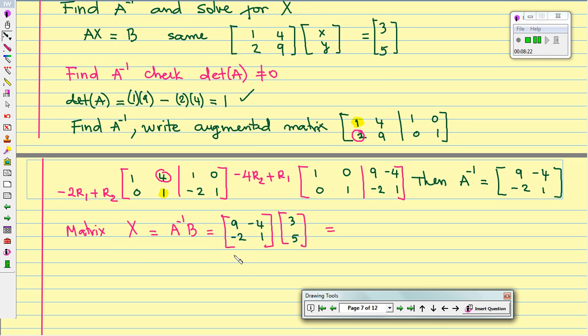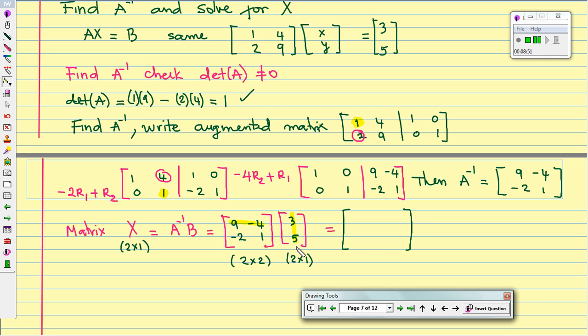Now when you multiply these two matrices, the dimension for matrix A inverse is 2 by 2 and for matrix B is 2 by 1. So the matrix X now becomes 2 by 1, so 2 rows and 1 column.